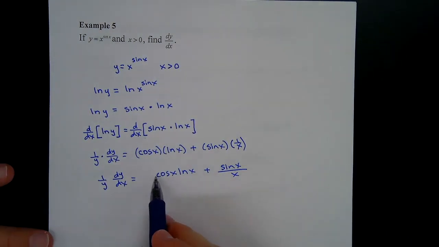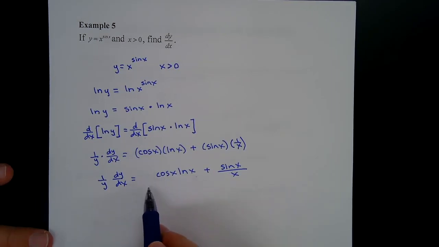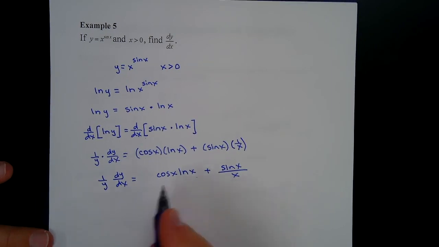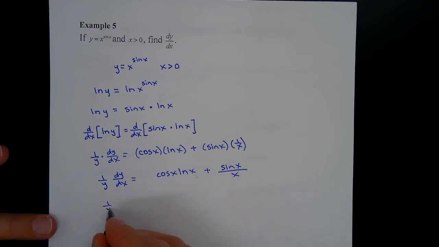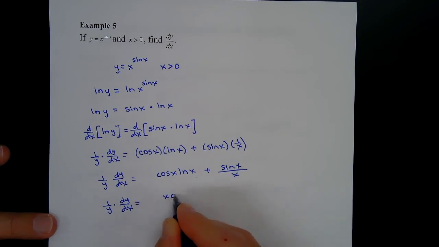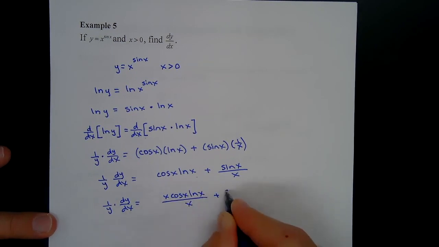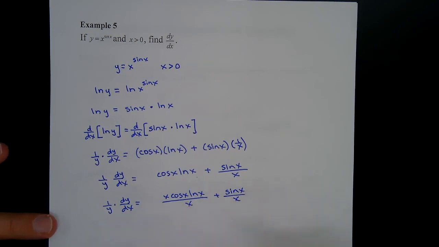So I'm going to multiply this, the top, there's a 1 underneath here that we're not writing, by x over x to get a common denominator. So this is 1 over y times dy over dx is equal to x cosine x ln of x all over x, and then plus sine x over x. And that's going to allow me to write that as one fraction.